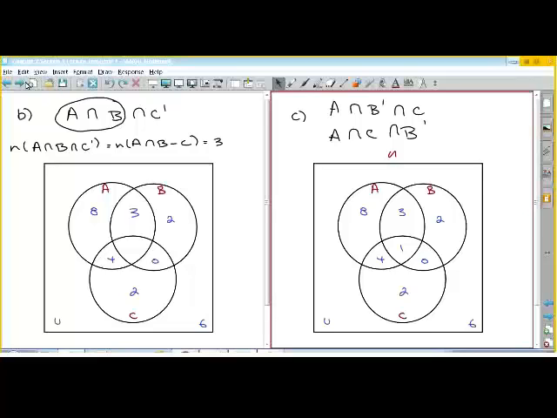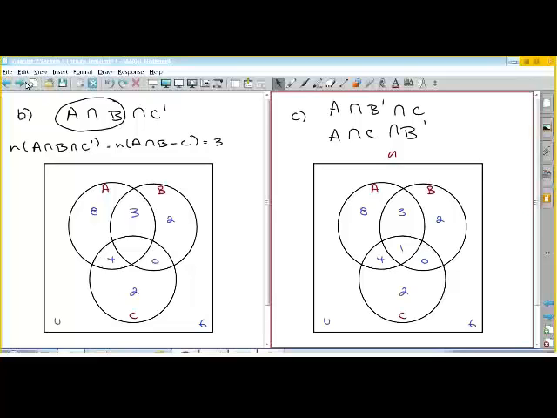I'll give you 20 seconds. So what you should do is look for the football that corresponds to A intersects C, and then remove the number that is in B.